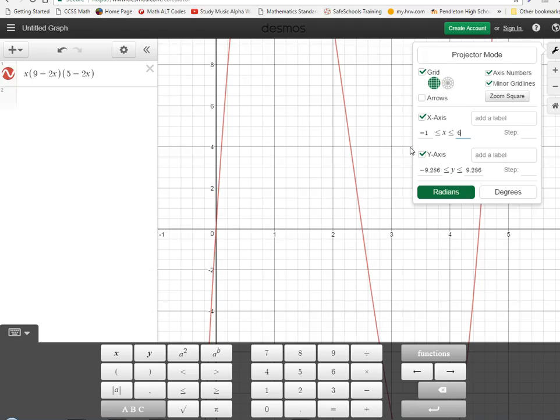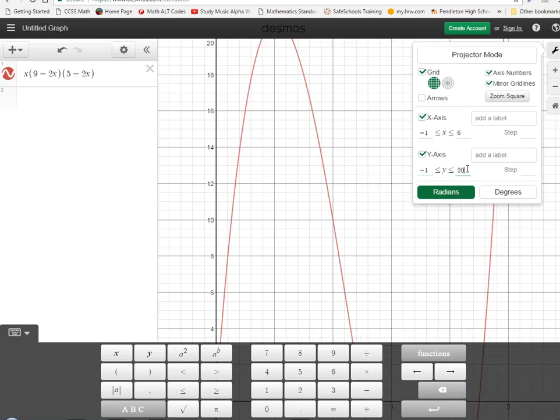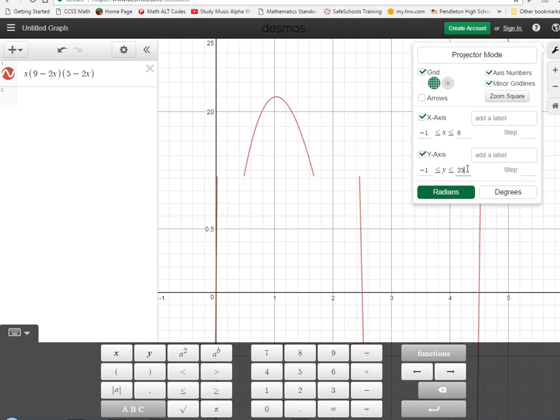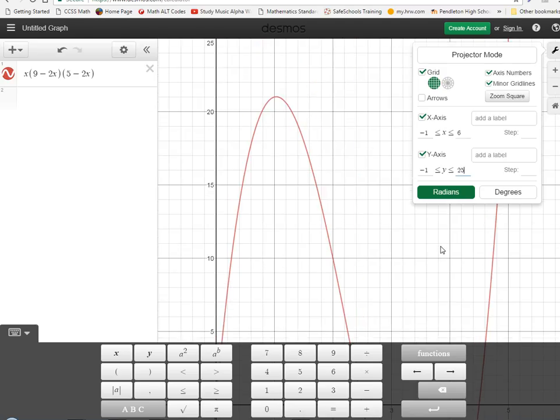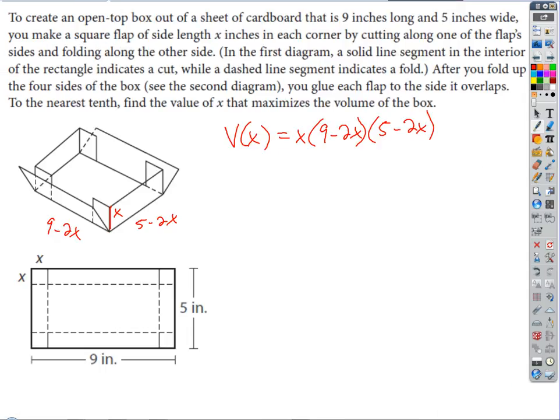And the y-axis will go from -1 up to 20 maybe, and I'll say 25. Okay, how's that? All right, so there's our mathematical function, but we maybe need something else with this too, because we got to know where to look.